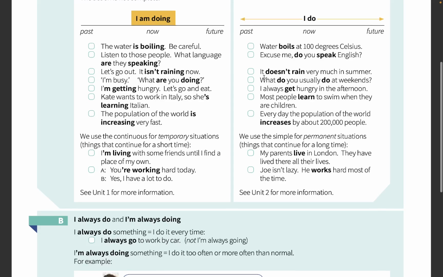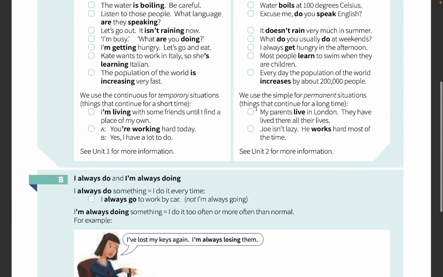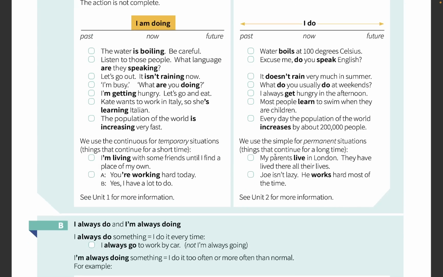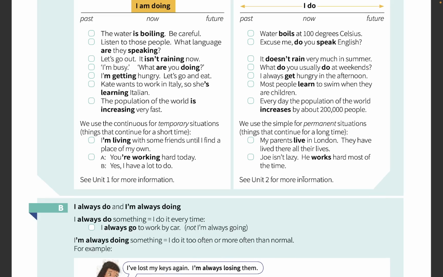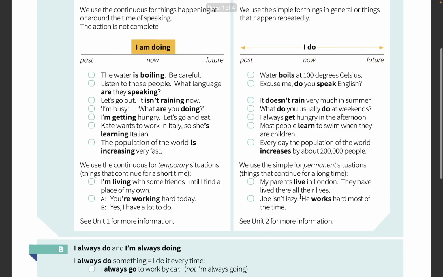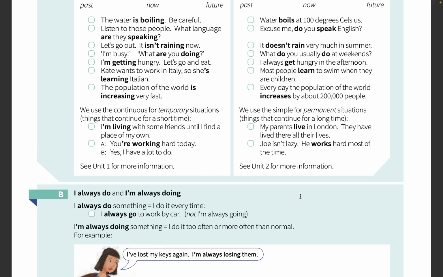It doesn't rain very much in the summer, and etc. And you can use the present simple for a permanent situation or things that continue for a long time. For example, my parents live in London, so they have lived there for such a long time, for all their lives. Do you guys get it? Yes or no? Yeah. Okay.